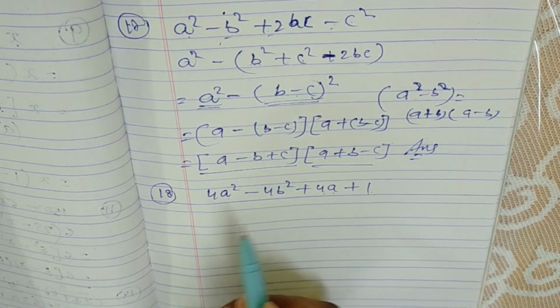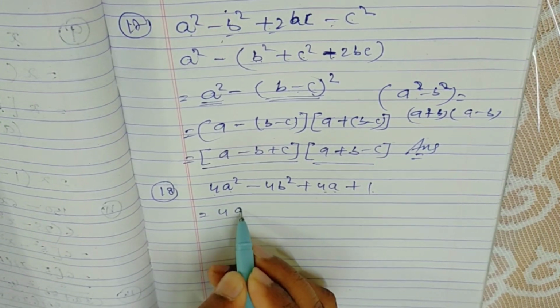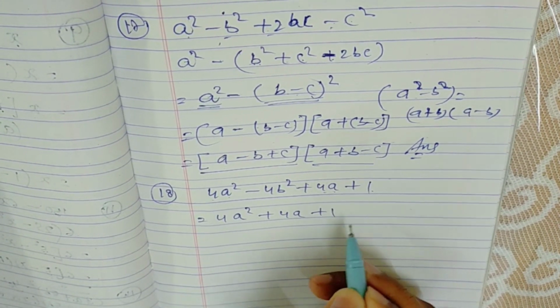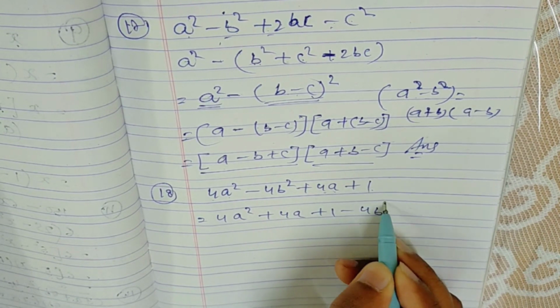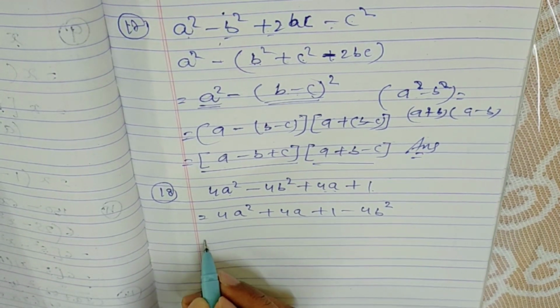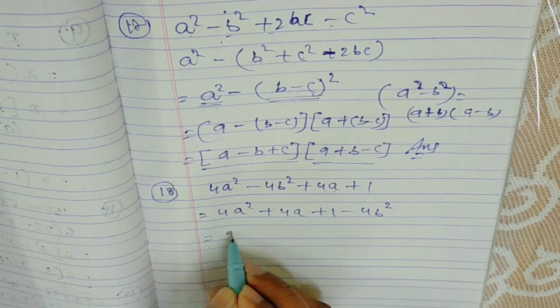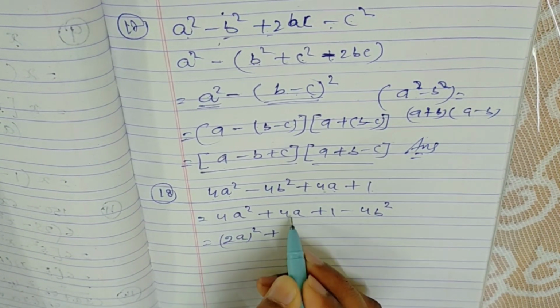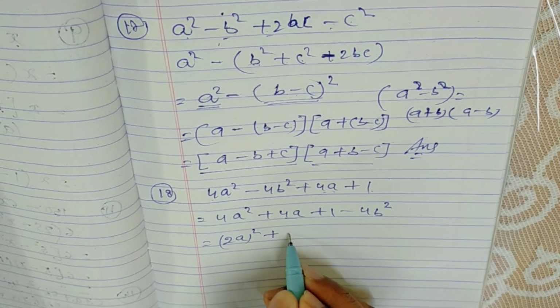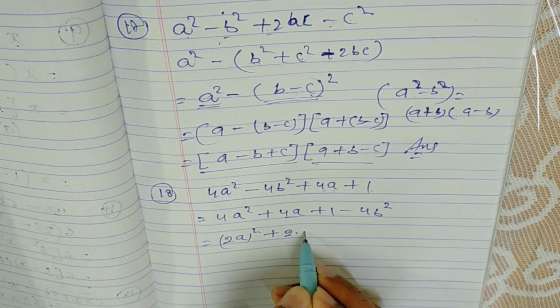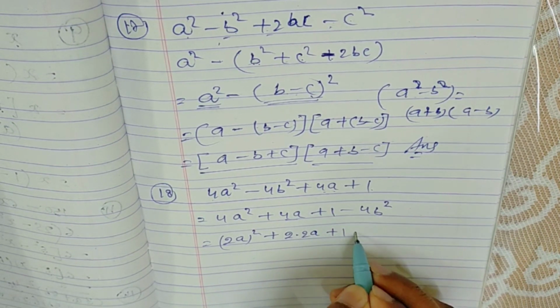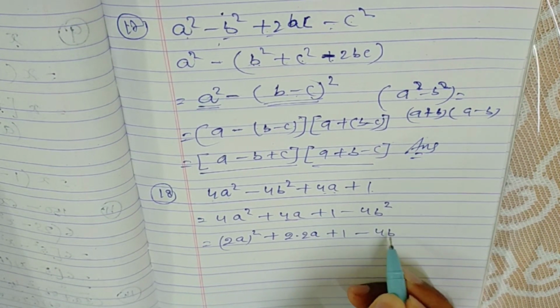Now we will write first this 4a square plus 4a plus 1 minus 4b square. Now we can write this (2a) whole square plus this we can write 2 into 2a and plus 1 and minus 4.